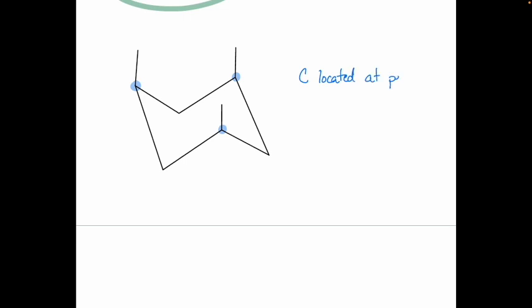So these carbons located at peaks have bonds pointed straight up.